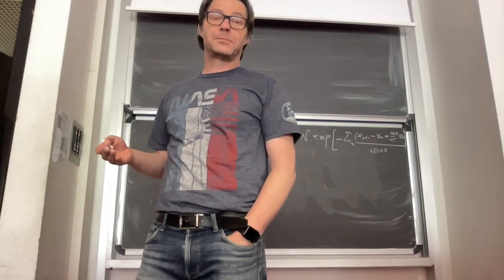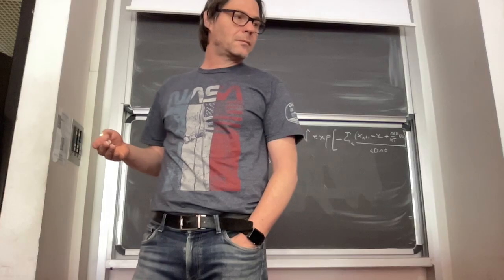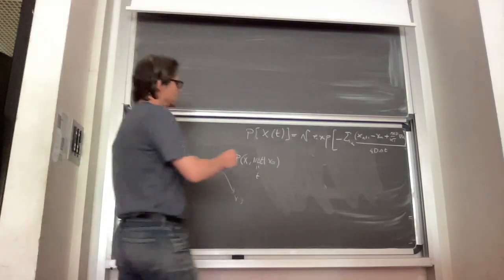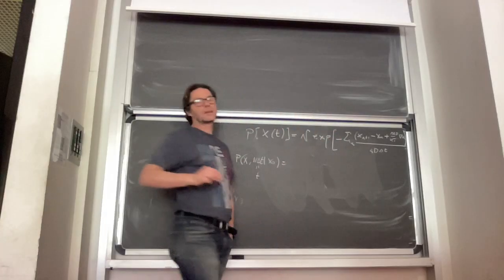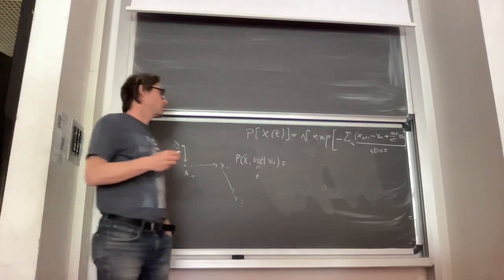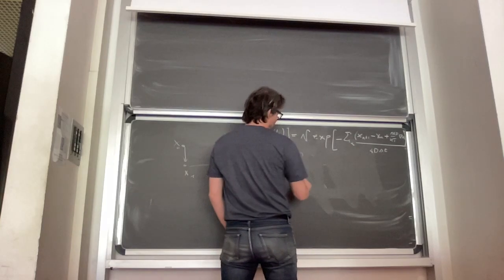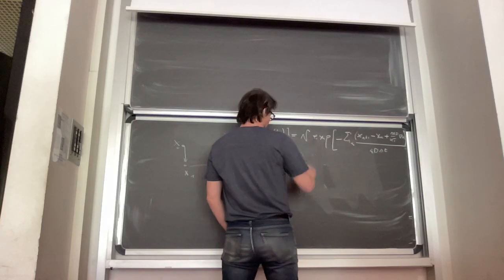Right? So rather than writing explicitly these n minus 1 integrals, we chose to borrow the notation from quantum mechanics and write this in terms of a path integral using the quantum mechanical notation.